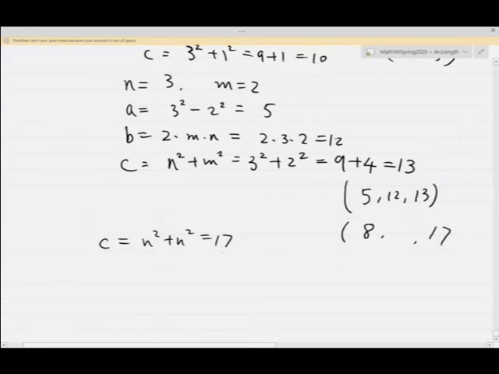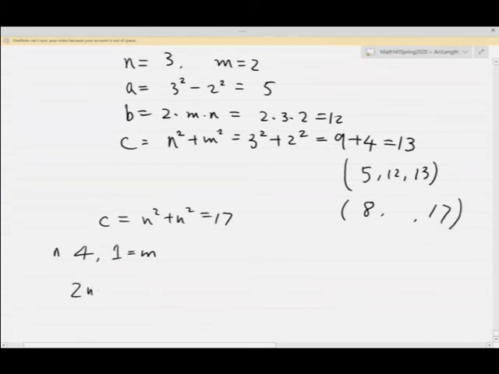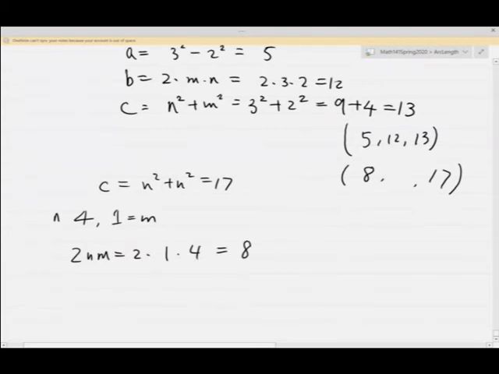If you take n to be 4 and m to be 1, then you get c equal to 17. Then 2mn is 2 times 1 times 4, which is 8. And n squared minus m squared is 4 squared minus 1 squared, which is 15. So you have 8, 15, 17, which is also a Pythagorean triple.